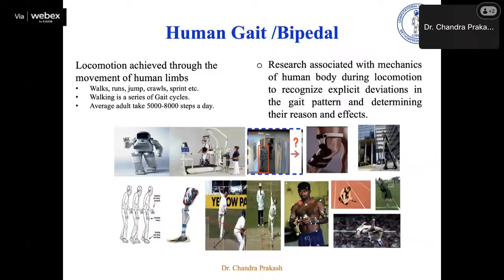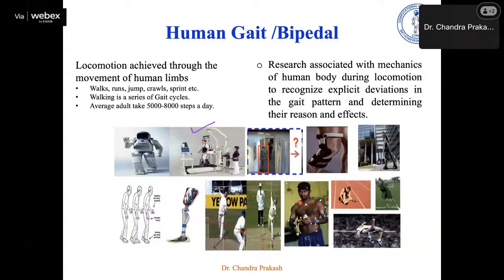As I was telling you, based on human walking, we have a lot of applications. Human gait is locomotion from one particular point to another. There are different ways: walking, running, jumping. All these are part of gait. An average adult takes 5,000 to 8,000 steps a day. Research associated with the mechanics of the human body during locomotion is known as gait analysis. It can be used in gait rehabilitation.